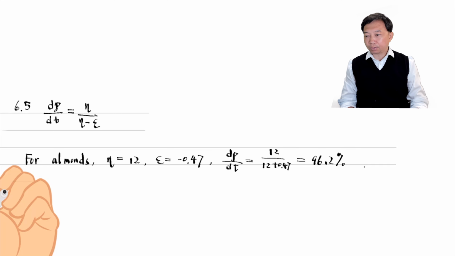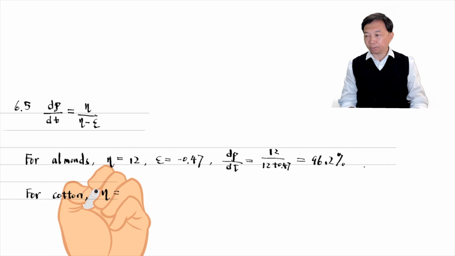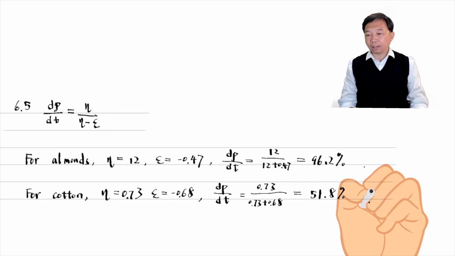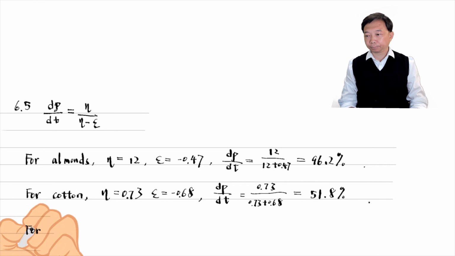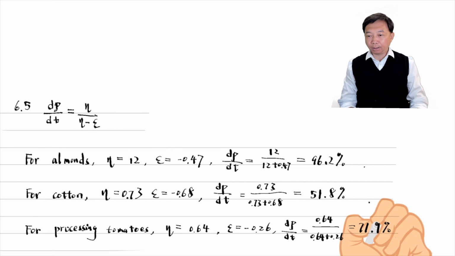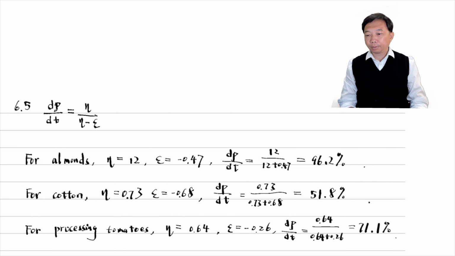The tax incidence on consumers for cotton is 51.8%, indicating that consumers bear 51.8% of the tax. The consumer's tax incidence for processing tomatoes is 71.1%, implying that consumers pay 71.1% of the tax.